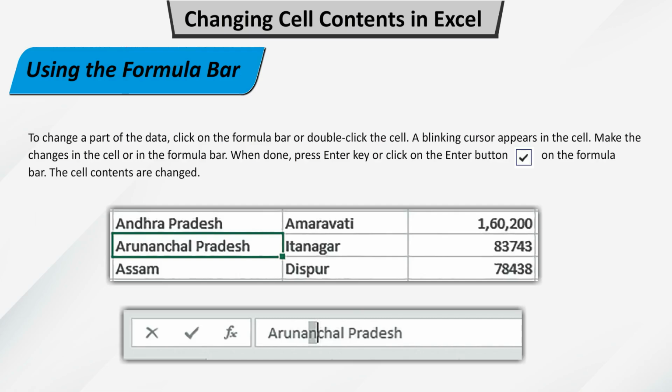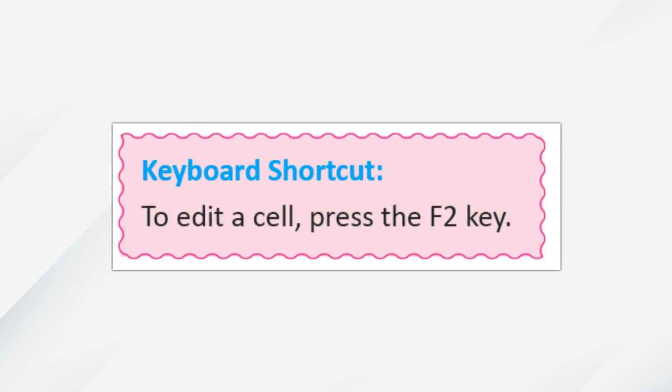When done, press Enter key or click on the Enter button on the formula bar. The cell contents are changed. Keyboard shortcut. To edit a cell, press the F2 key.